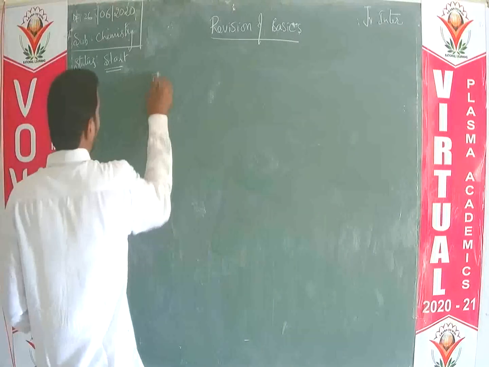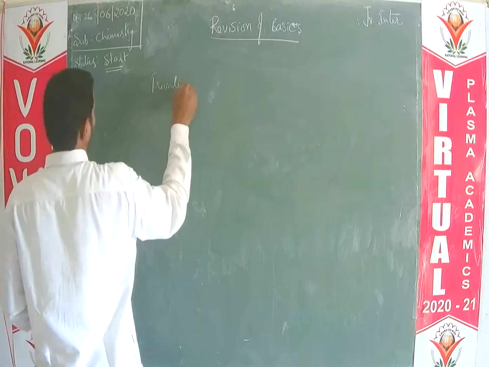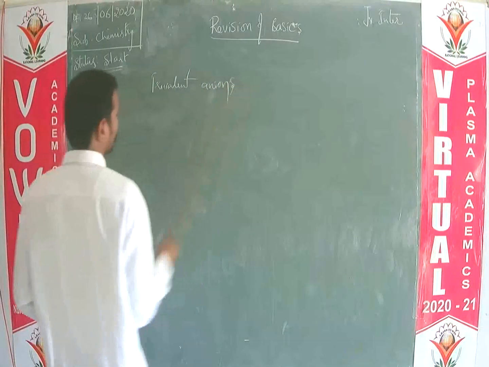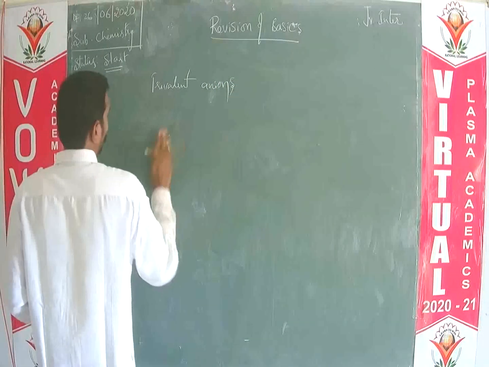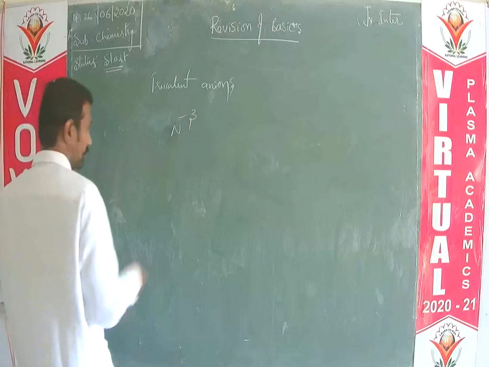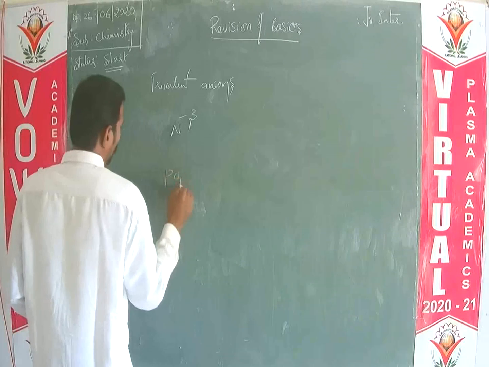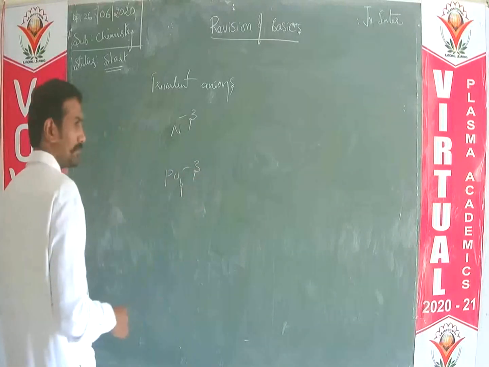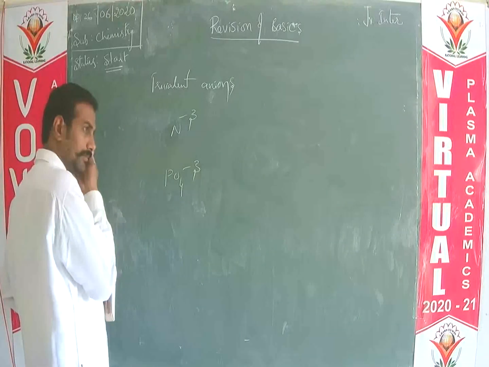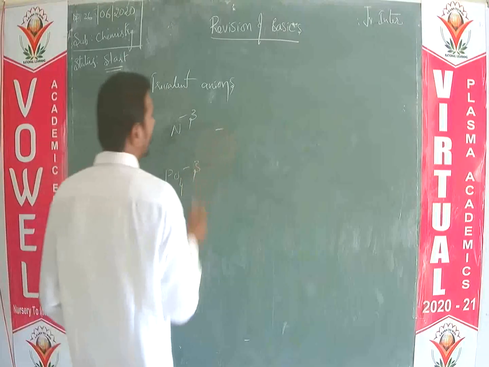Next, trivalent anions. N minus 3, PO4 minus 3. Okay. What is N minus 3?